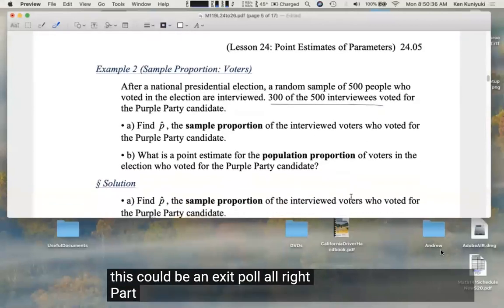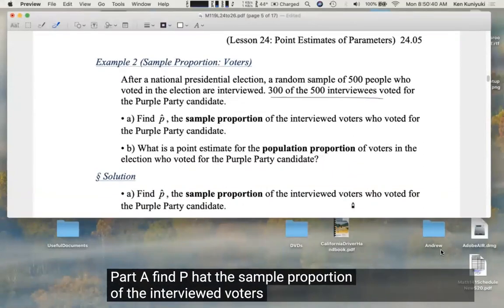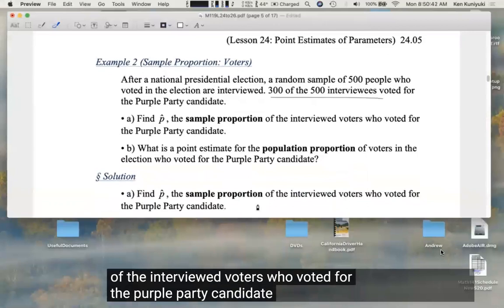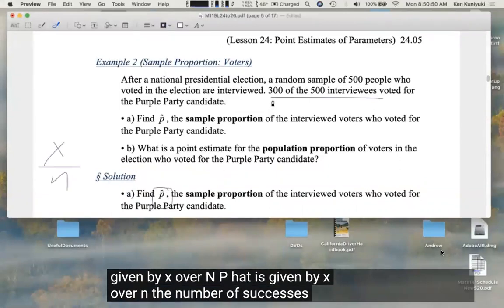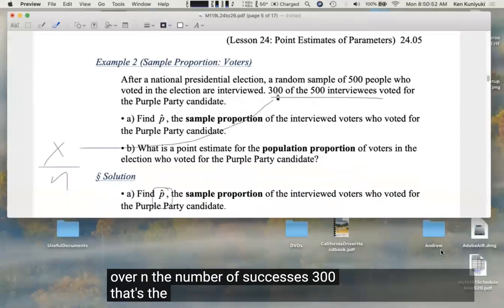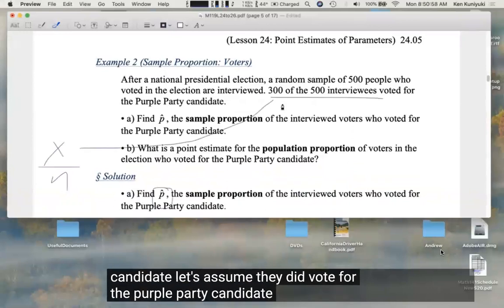All right, part A, find p hat, the sample proportion of the interviewed voters who voted for the Purple Party candidate. Well, it's given by x over n. p hat is given by x over n. The number of successes, 300, that's the number of people who said they voted for the Purple Party candidate. Let's assume they did vote for the Purple Party candidate.